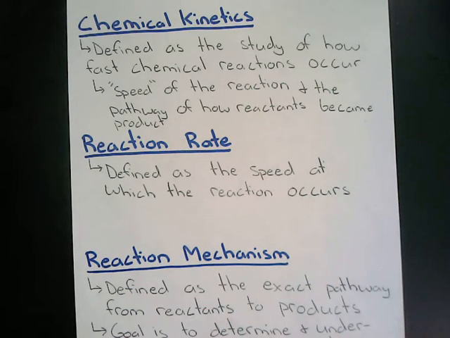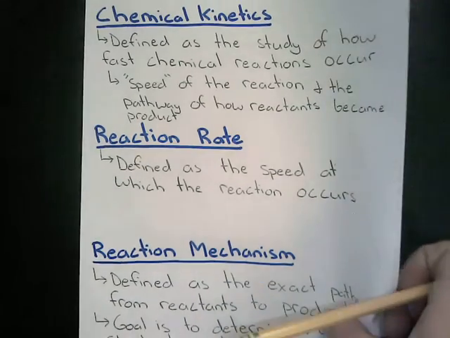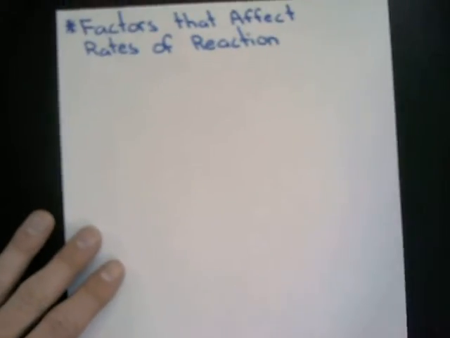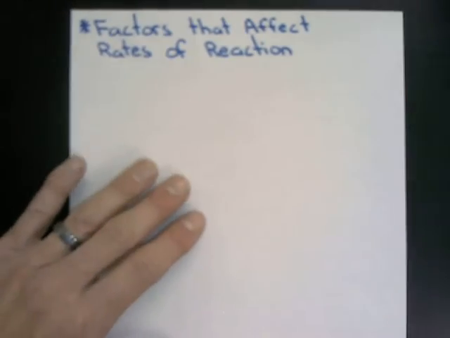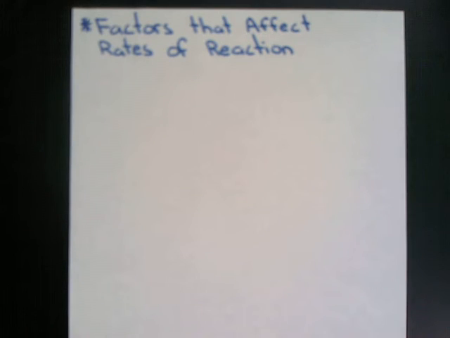Now, moving on, we have this baseline definition of how to describe chemical kinetics. Now we need to understand what factors are going to affect the rates of reaction. The first thing that affects the rate of reactions is the physical state of the reactants.